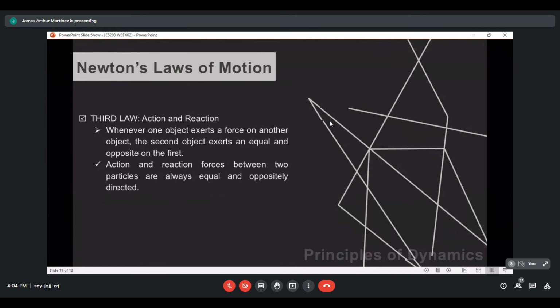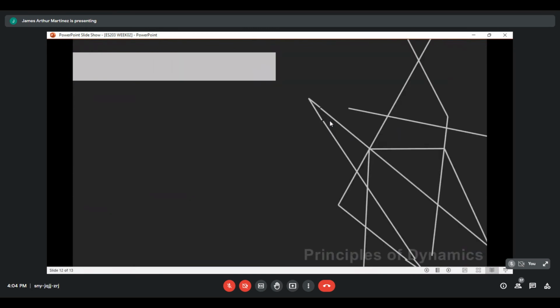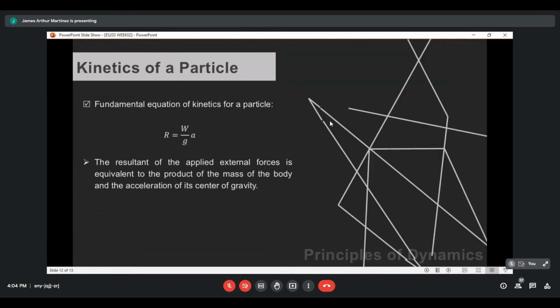So this is what we call the action and reaction law on motion. So the kinetics of a particle is with respect to force and acceleration alone. So wala nato i-consider ang work, energy, impulse, and momentum. What we consider as of now is the kinetics of a particle with respect to force and acceleration.